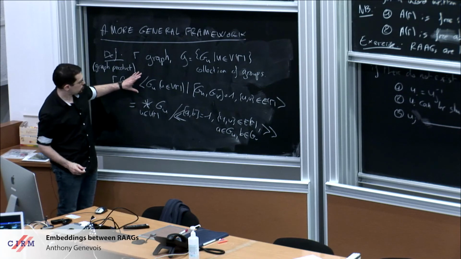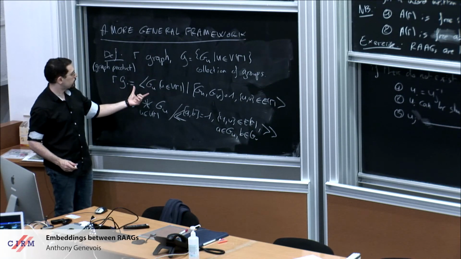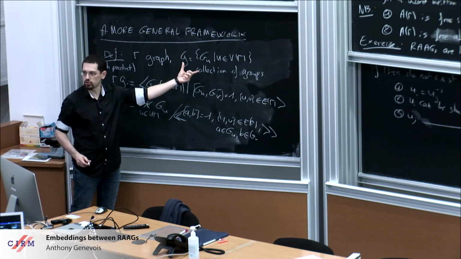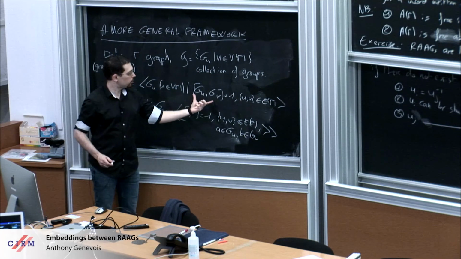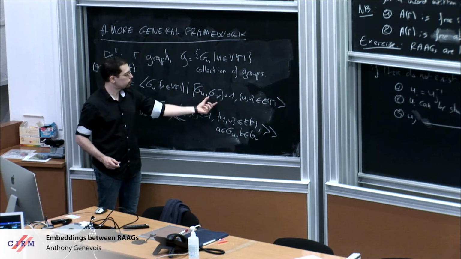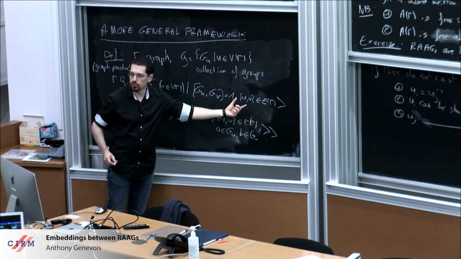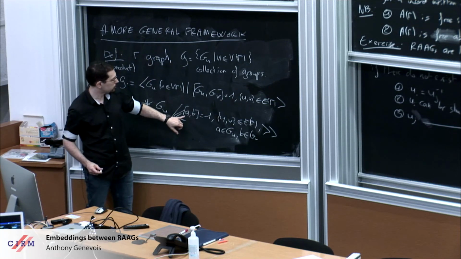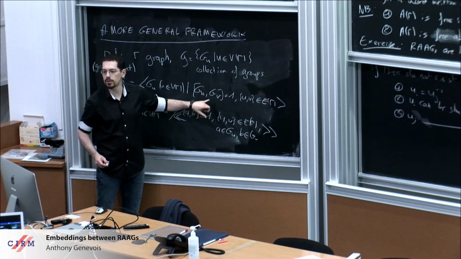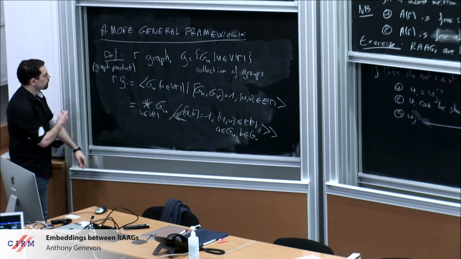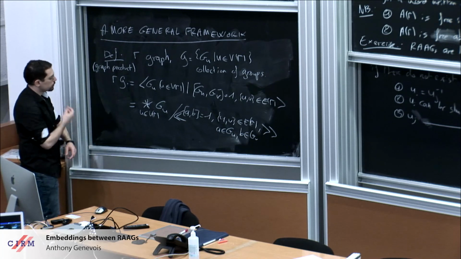So this is just a shorthand. What I'm saying here is that the group is generated by all the groups from my collection, and I add some commutation. Basically, I want two factors to commute if they are given by two adjacent vertices. And commuting here means that every element of the first group commutes with every element of the second group. So this is the definition of the graph product.